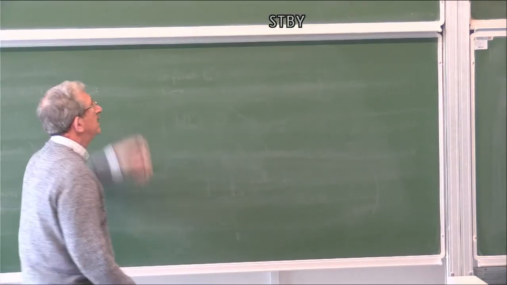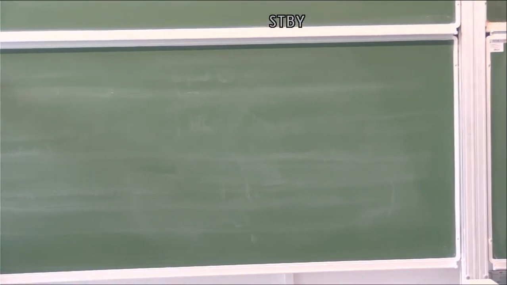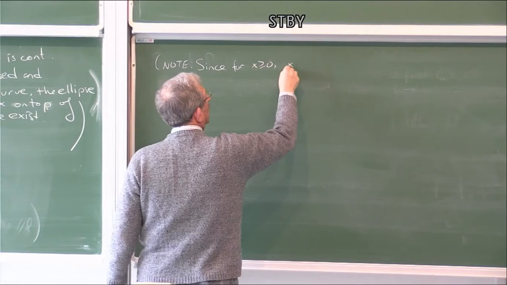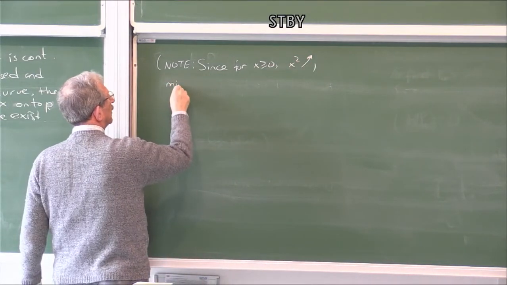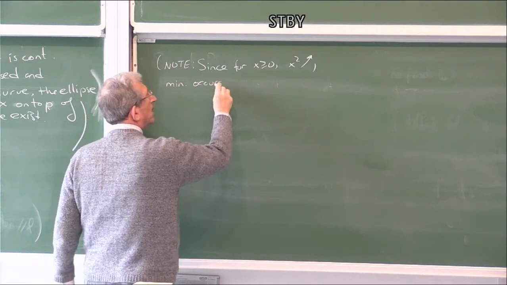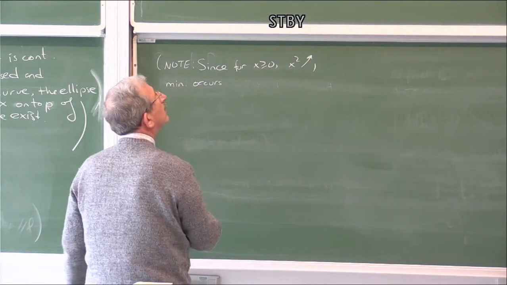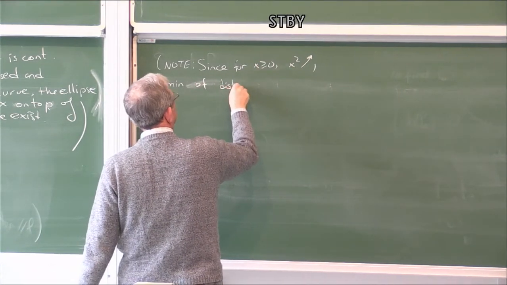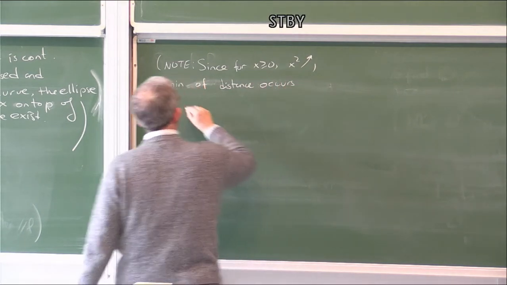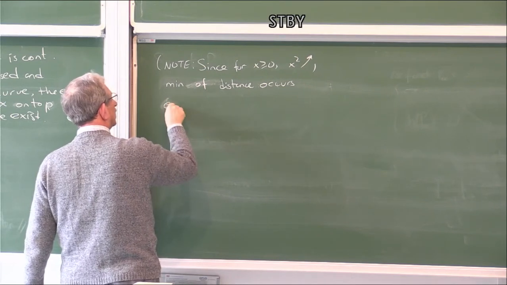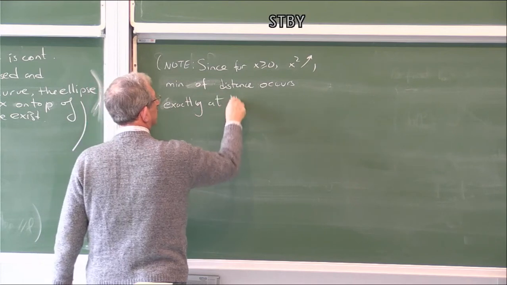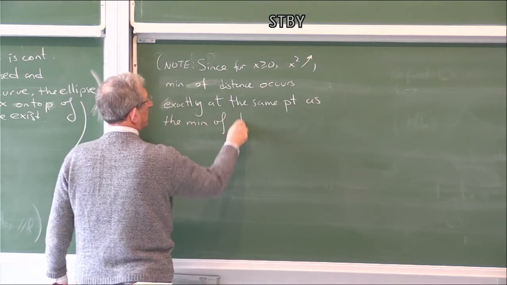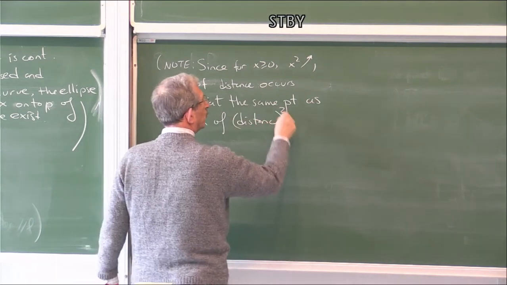Now, with respect to distances, let me note the following. Since for x positive, x squared is increasing, the minimum of distance occurs exactly at the same point as the minimum of distance squared occurs.